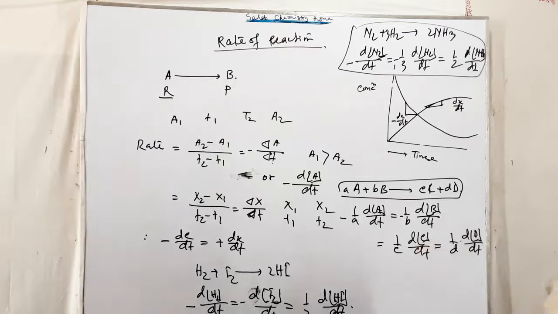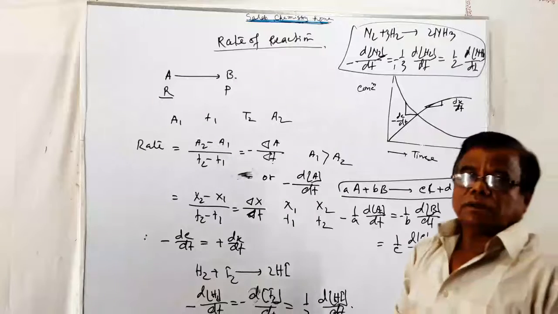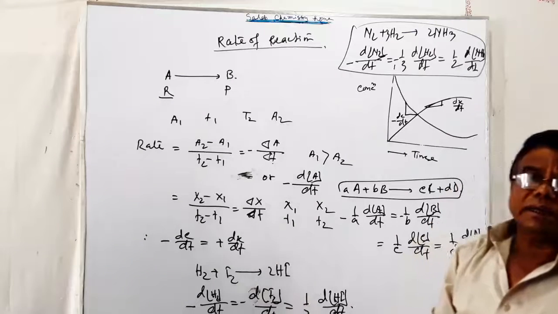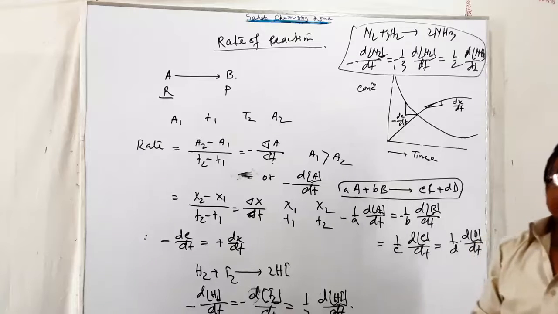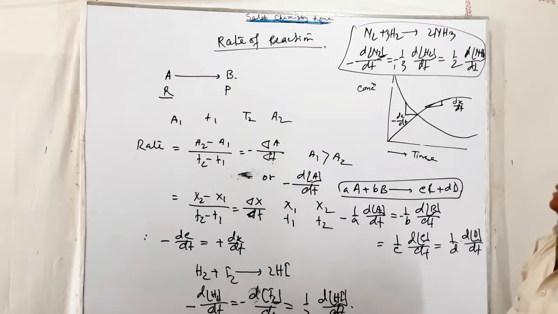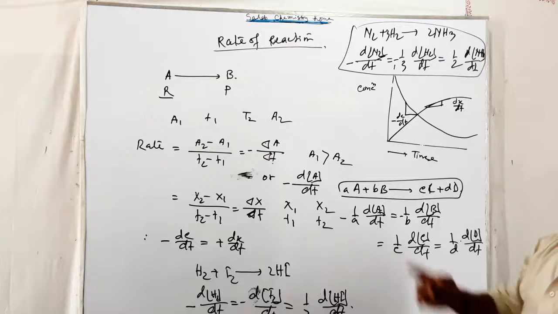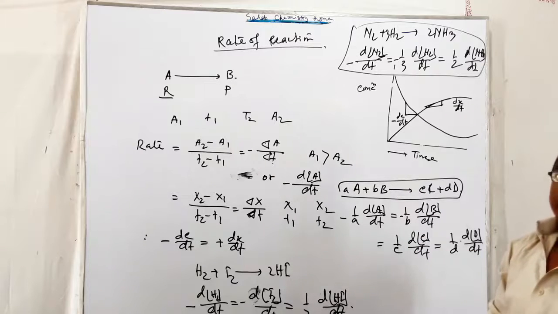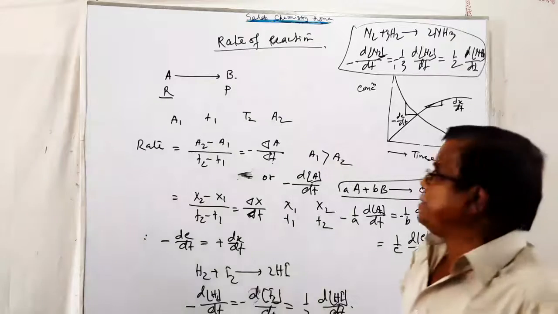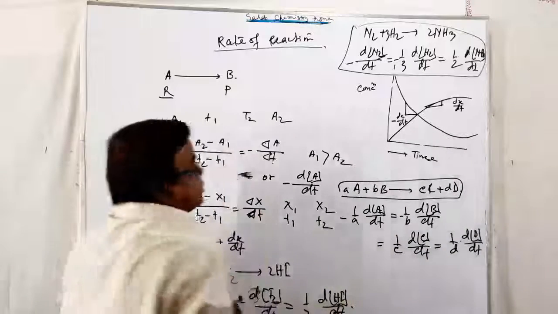So we can write that the determination of the rate of the reaction is the decrease of the concentration of the reactant in unit time and the increase of concentration of product in unit time; that is called the rate of the reaction.